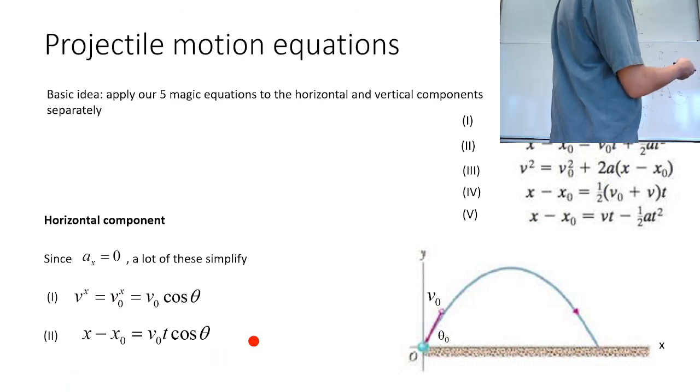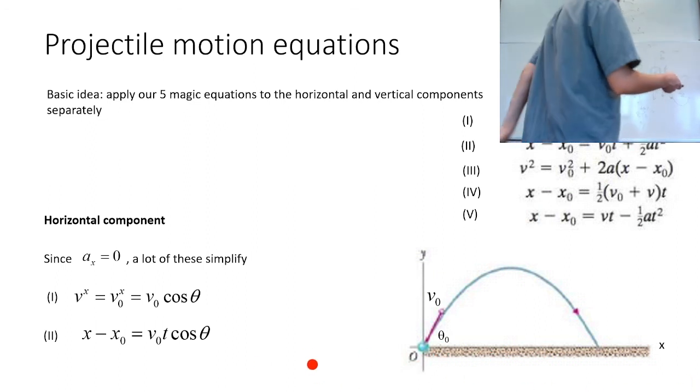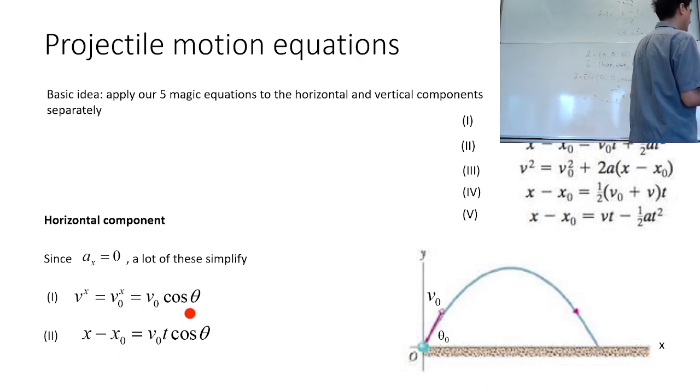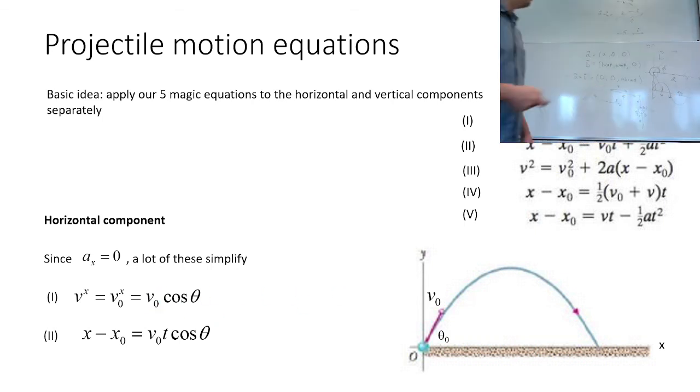Usually it's launched at some angle with some initial velocity, so you can work out the x and y components using some trigonometry like this. The x component is v naught cos theta and the y component is v naught sine theta.